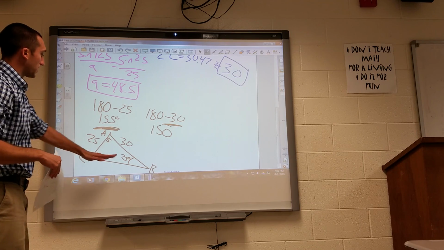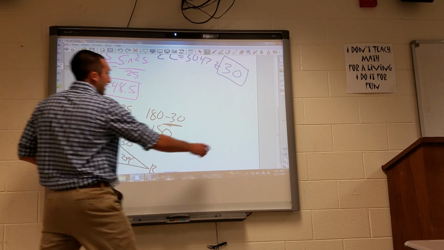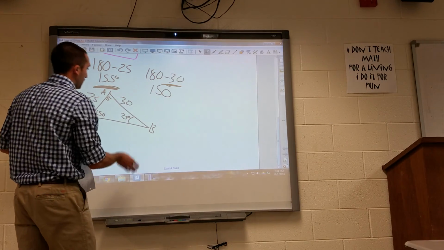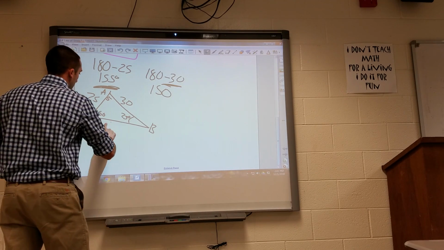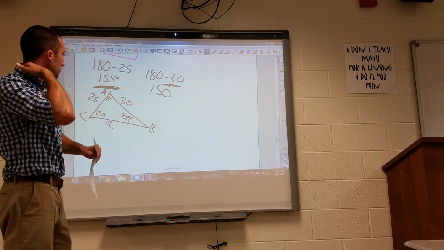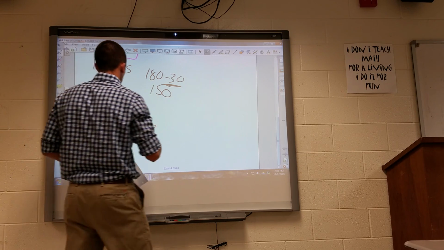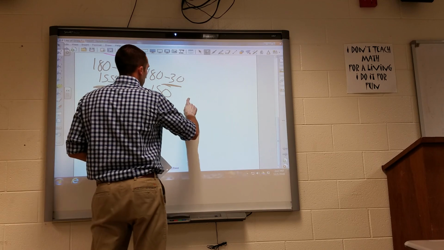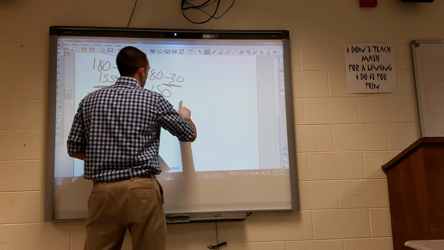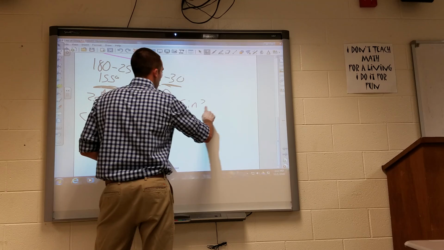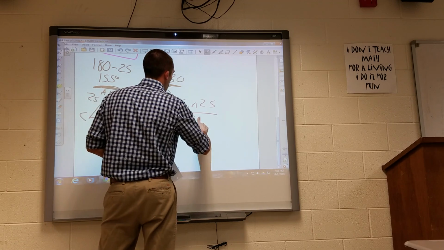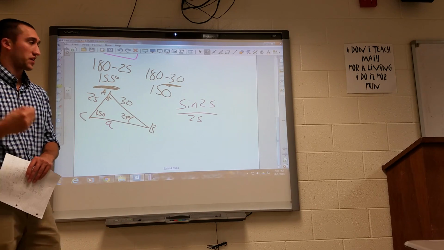So now I have to solve for side A in this second triangle, and I'll just do law of sines using what I know to be exact. Sine of angle B is 25 degrees and side B is 25. Those are given.